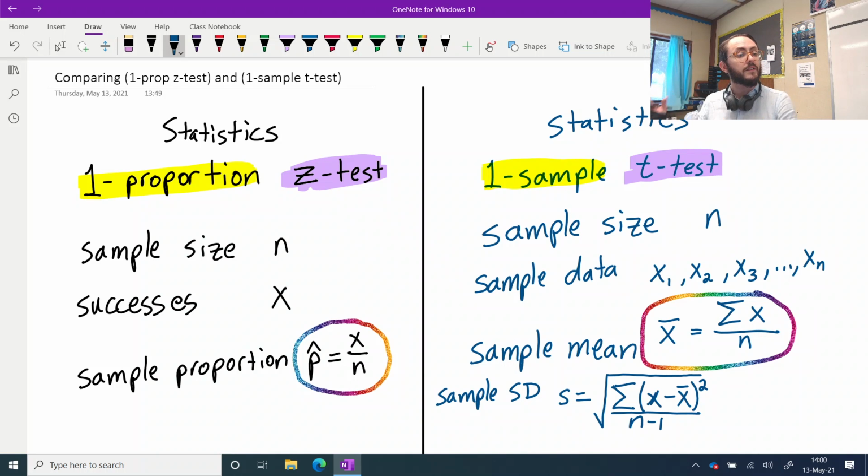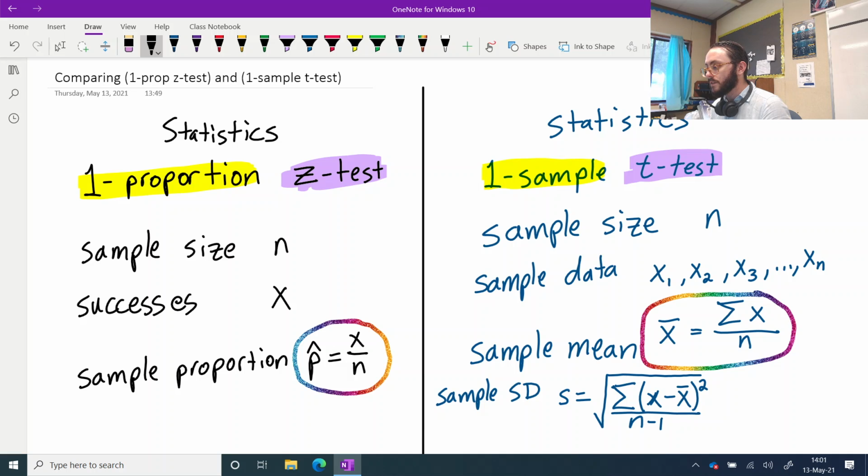Okay. That is the sample standard deviation. Okay. And we actually have to calculate that based on our sample data. Versus the sample proportion, we don't have to calculate it based on the data that we had. It's sort of built into the proportion.